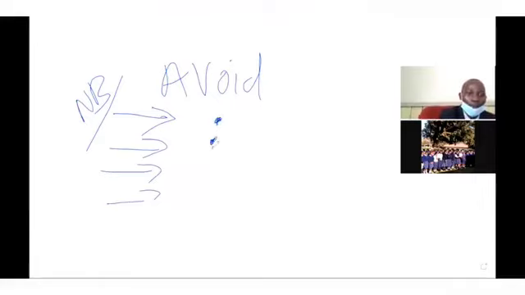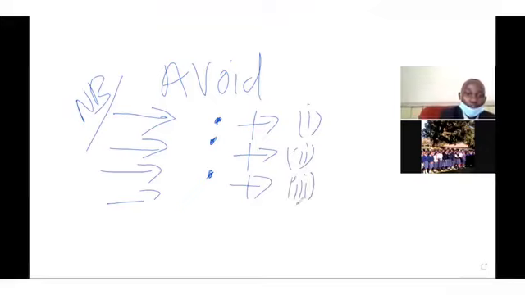We have students who are using this. Please do not use them in the exam. Avoid use of this. Others use it like this. They give the answers like this, Roman 4. Others even use this in the exam as they write the points.